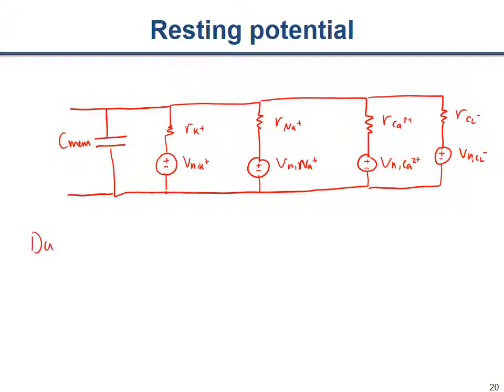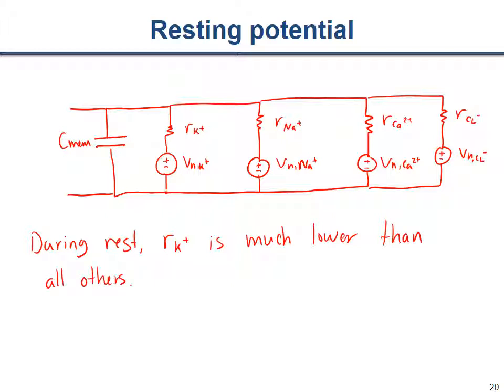Now it turns out that during rest, the resistance of the potassium channel is much lower than all others. And therefore, the membrane potential at rest is effectively, or approximately, equal to minus 90 millivolts, which is the Nernst potential of the potassium ion inside the myocyte.